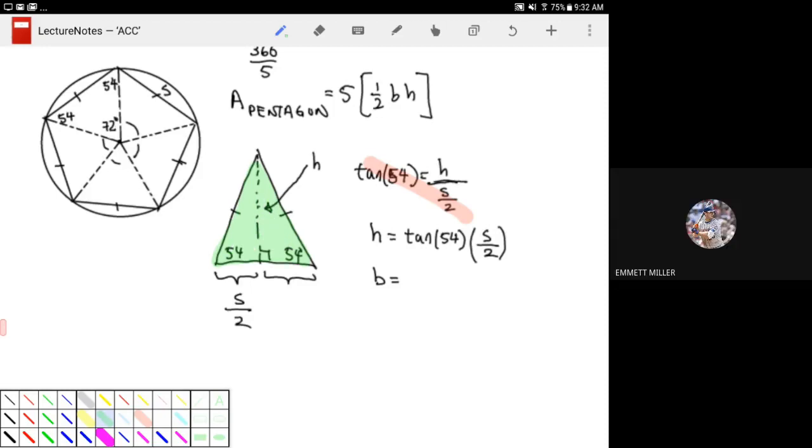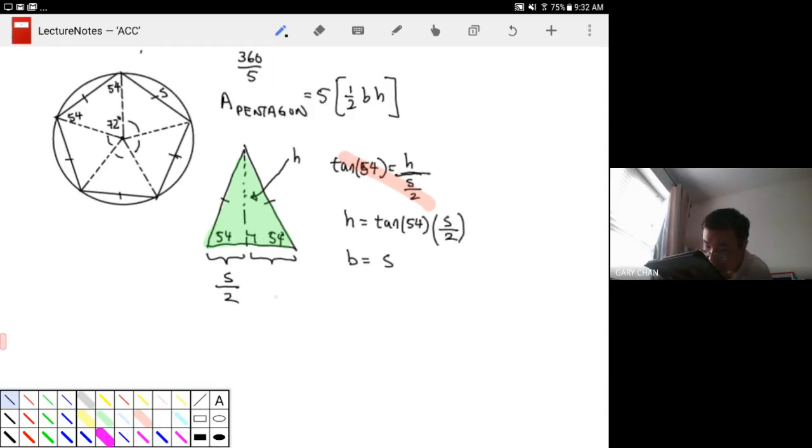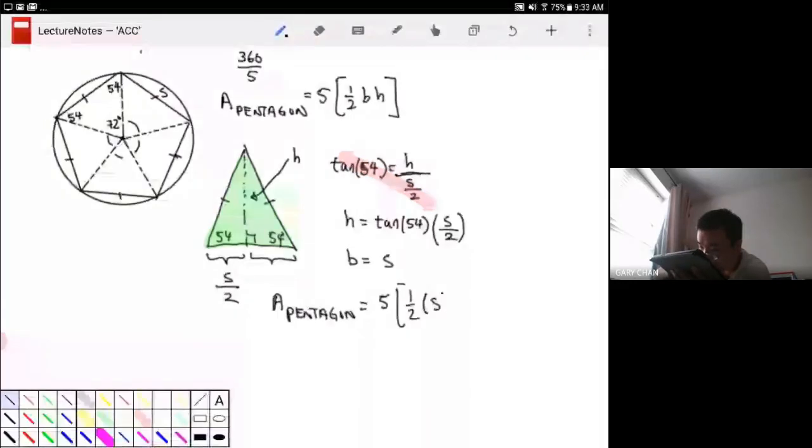That would be S. Okay, so the base is S. So the area of the pentagon is simply 5 times 1/2 times S times tangent of 54 times S over 2.